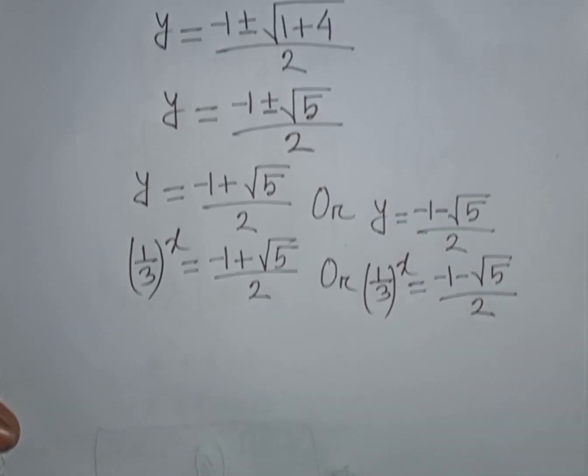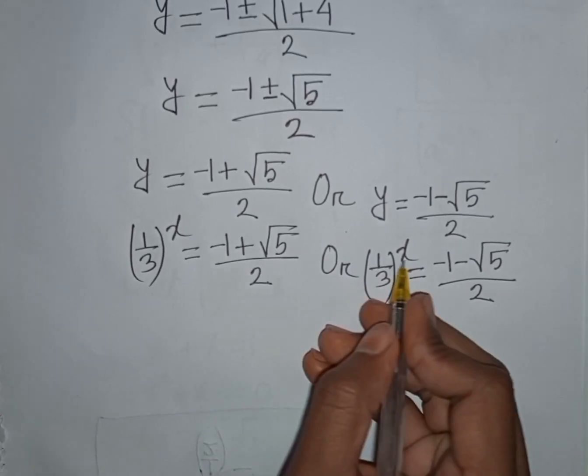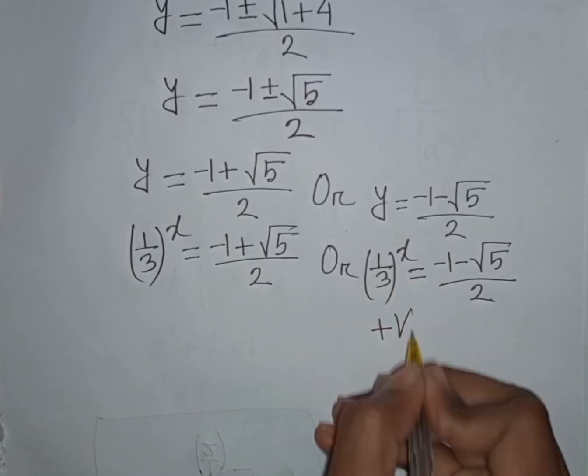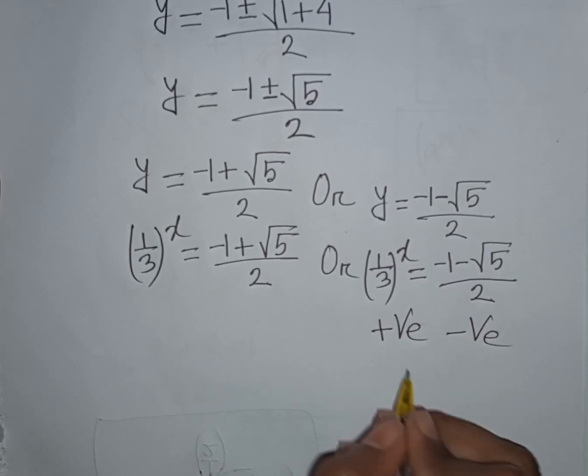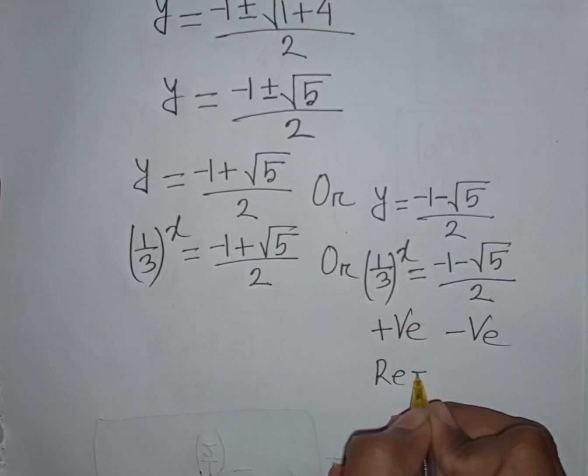Now we see (1 by 3) to any power x is always positive, but this is negative. So positive cannot be equal to negative, so this is rejected.